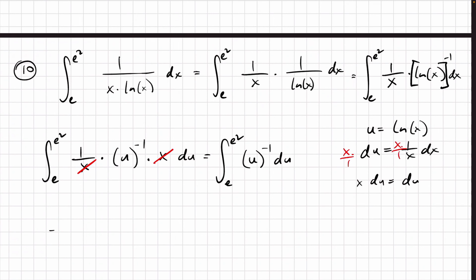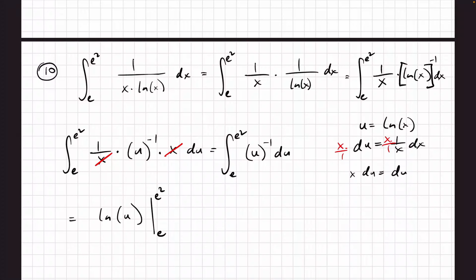So we get natural log of u, and then it's going to be from e squared to e, right? This is a good thing because it's not as hard as you think. That's why they give you e's for these guys.